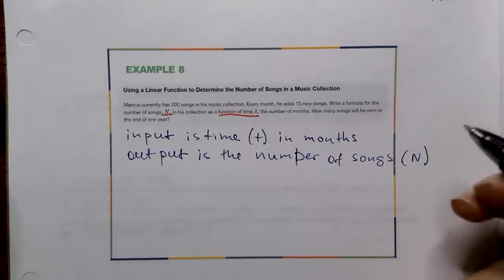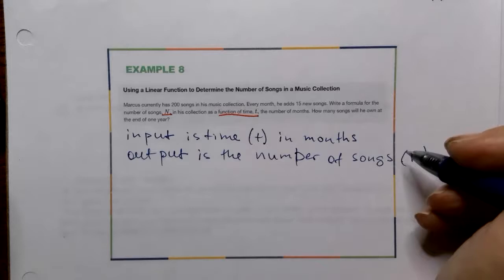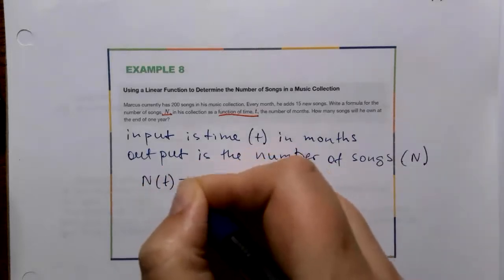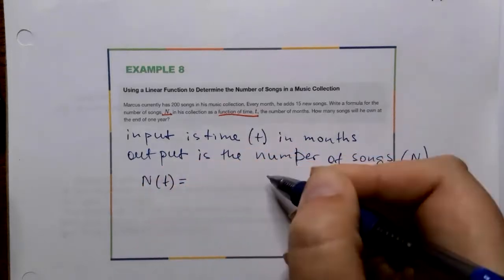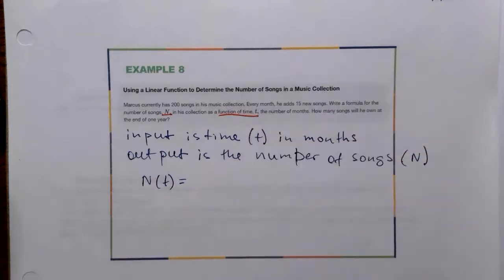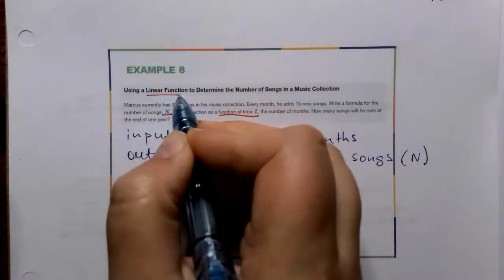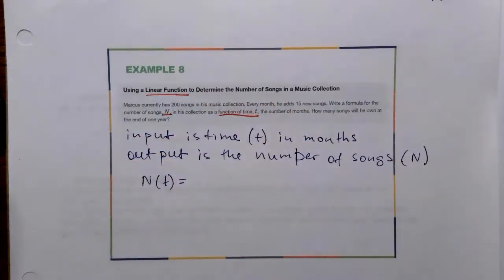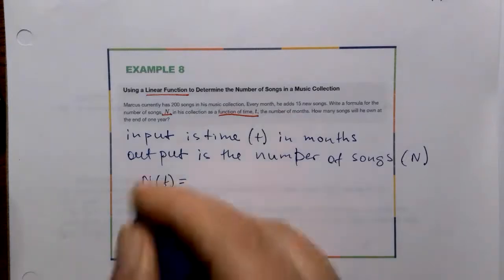Okay, so as we identified, we're going to have N of t. Now, in order to write the formula for N of t, first of all, we know that it's a linear function, right? So we need the rate of change, and we need the initial value.